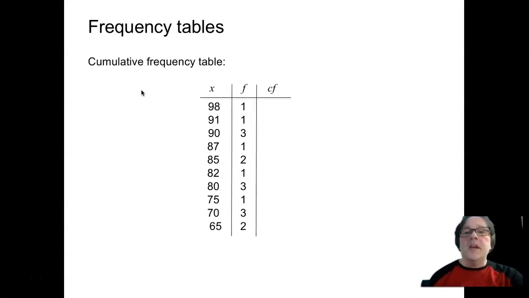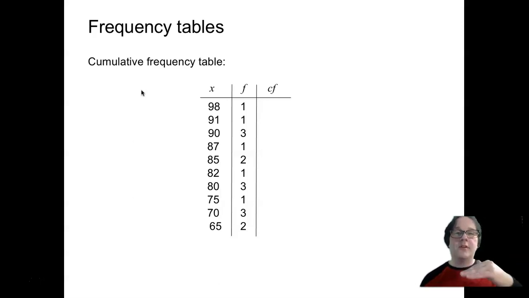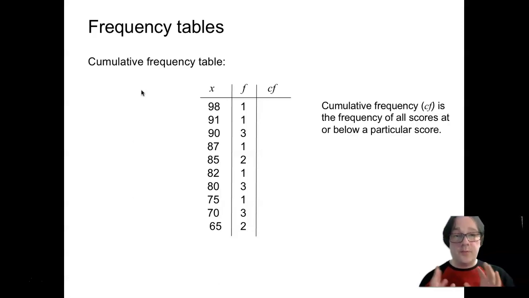Okay. We could also create what's known as a cumulative frequency table. A cumulative frequency table will basically let you know how many scores exist below a particular score. Again, the cumulative frequency is the frequency of all scores at or below a particular score.